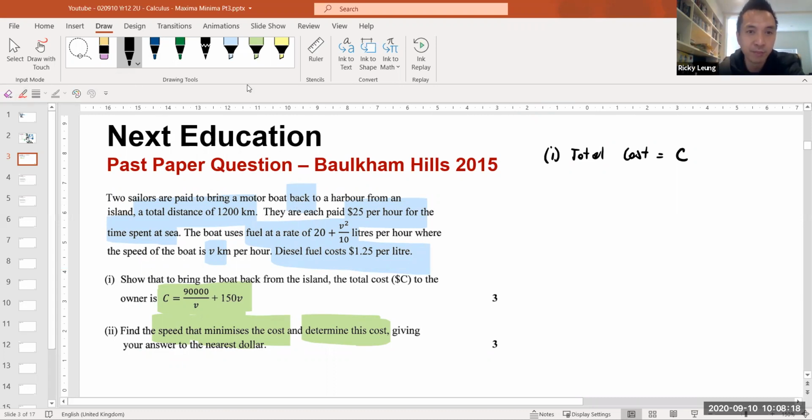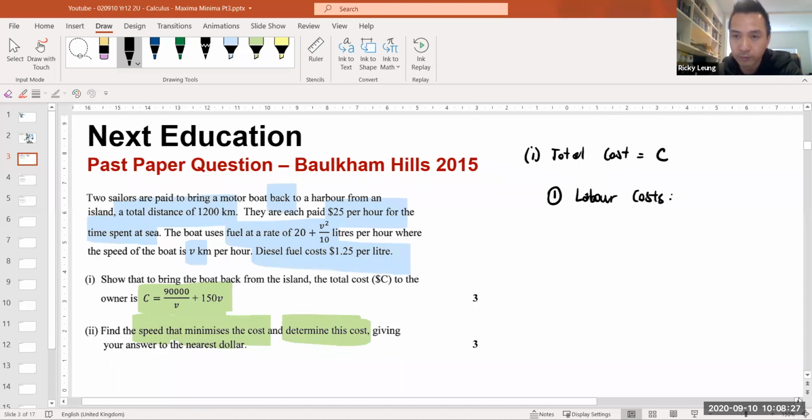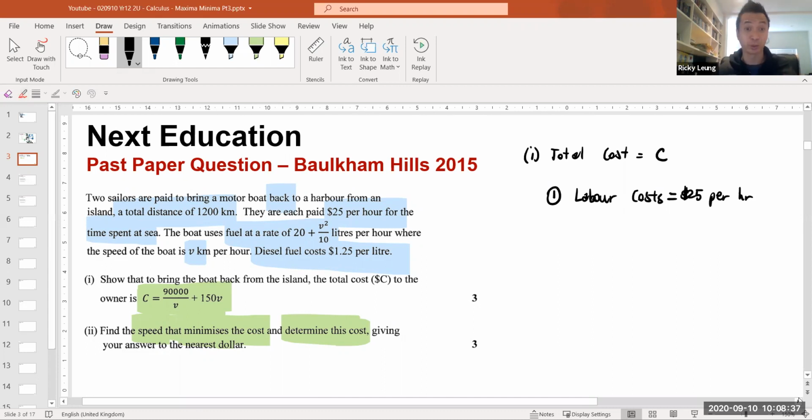So part 1, let's call it labor cost, and the labor cost is basically $25 per hour.